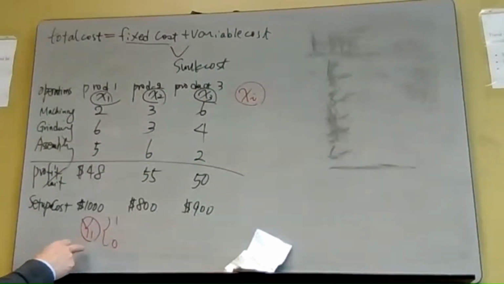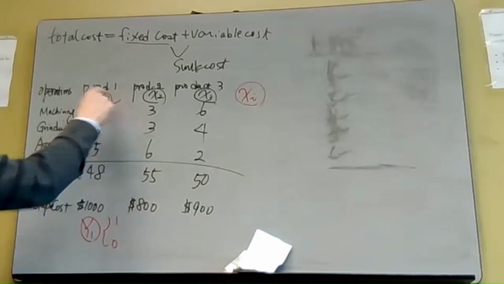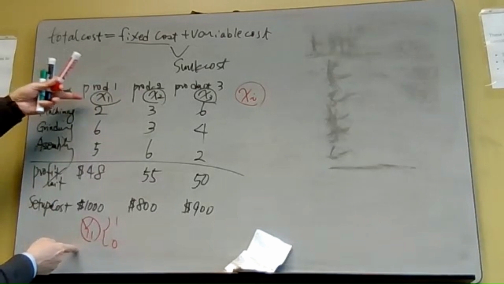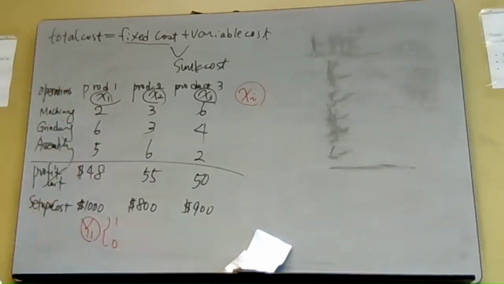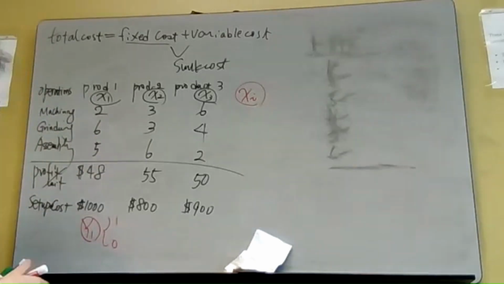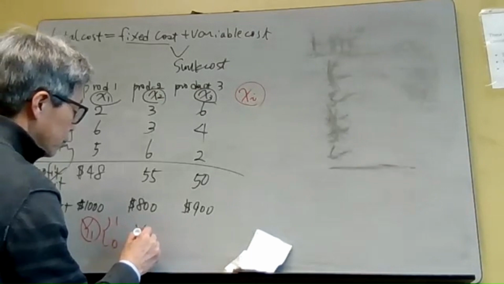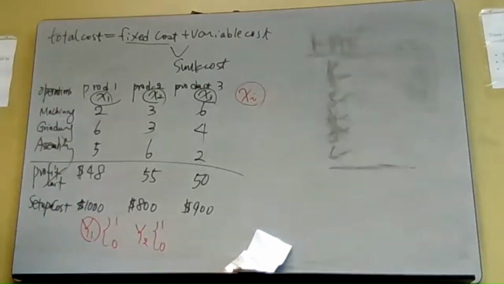So if you decide not to produce product 1, then x1 should be equal to 0. So these two are linked. Now, if you open production line 2, that also will be y2, a binary variable with 1 or 0.